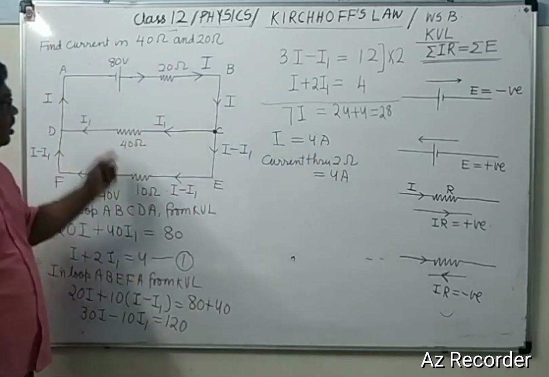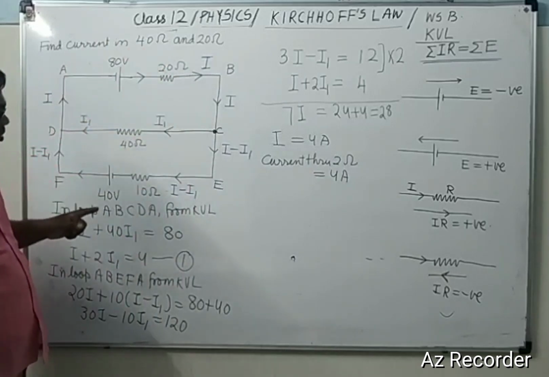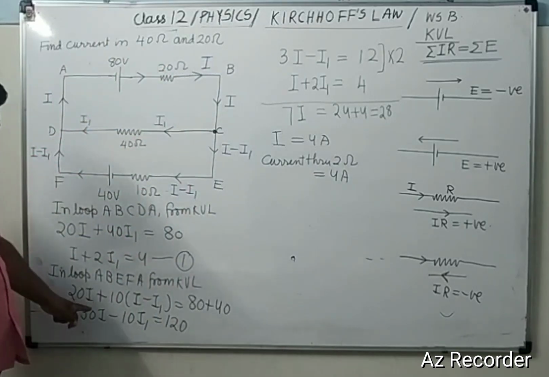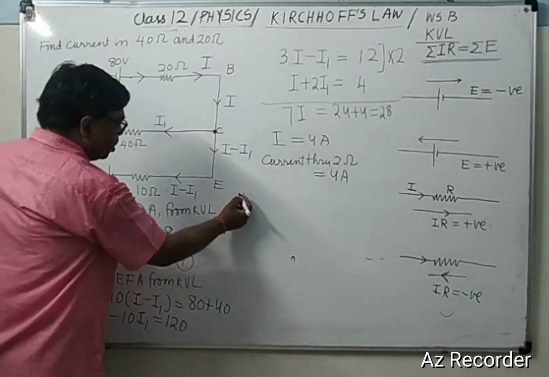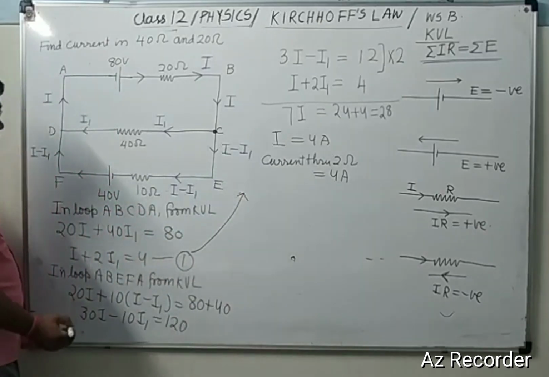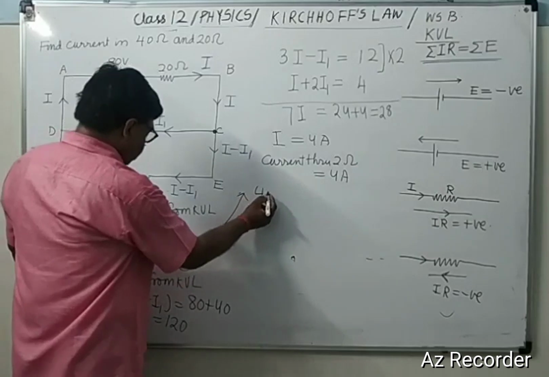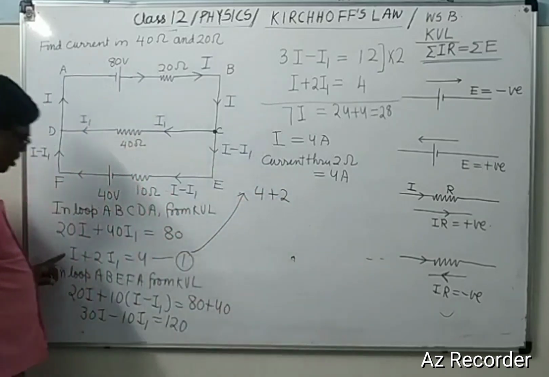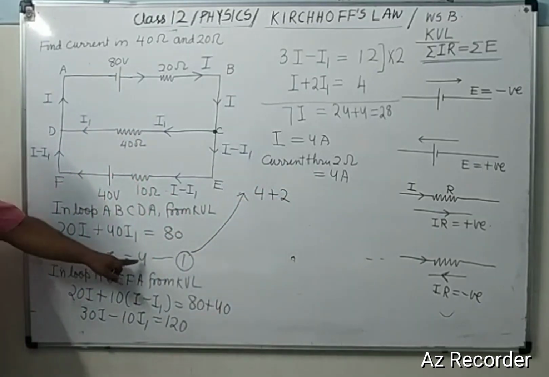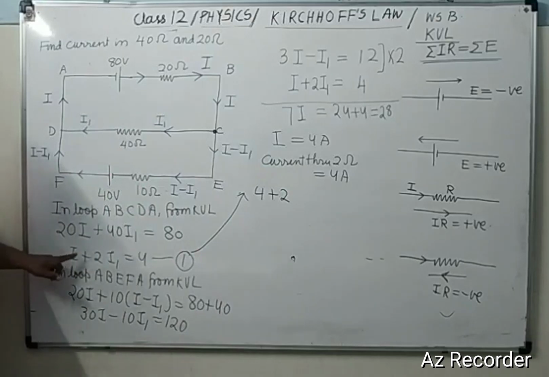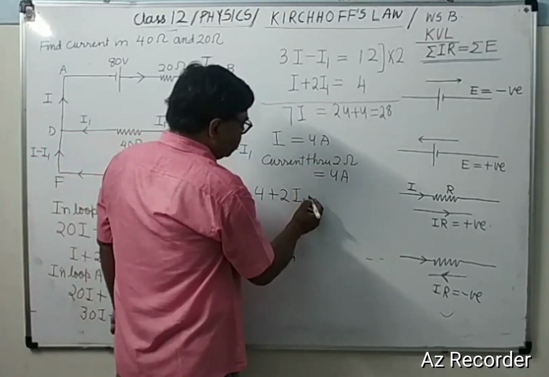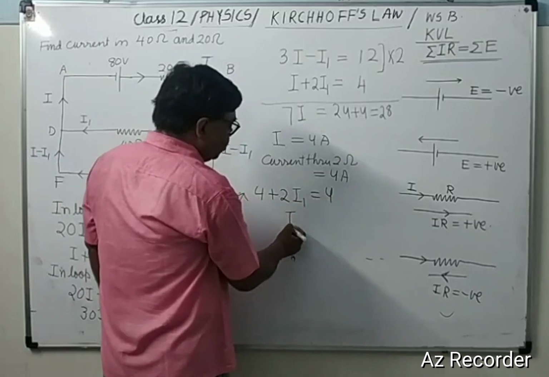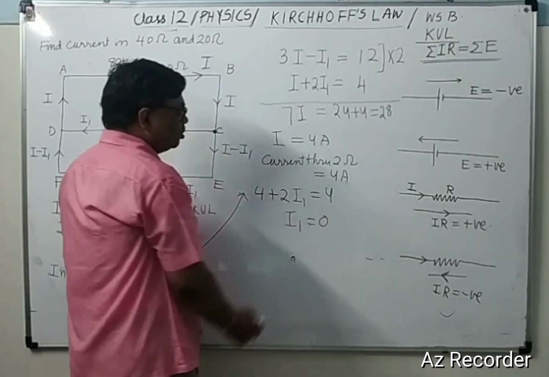Then you can see what will be the current through this. So you have to find I1. You substitute in any one equation. Here I am substituting. I is given 4, so 4 plus 2I1 equals 4, because I equals 4. So from here you will get I1 equals 0.